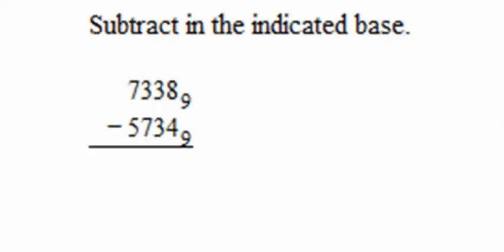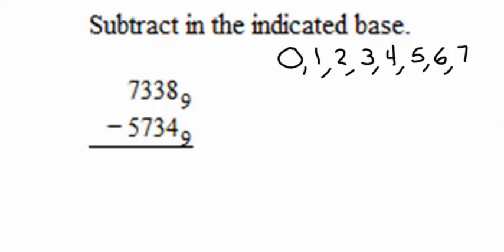Now one thing we should recall is that in base 9 we have digits 0, 1, 2, 3, 4, 5, 6, 7, and 8. Those are the digits or the numerals that are used in base 9.